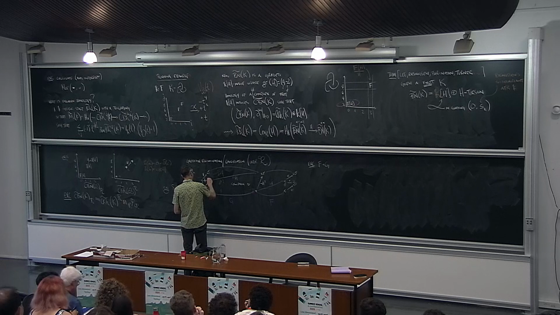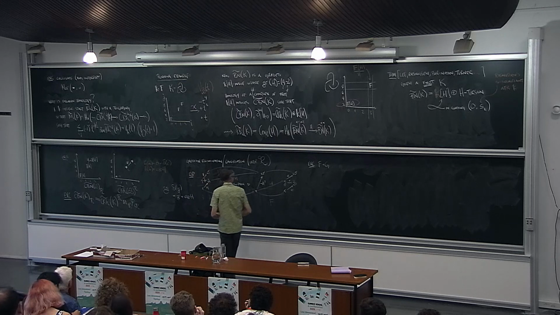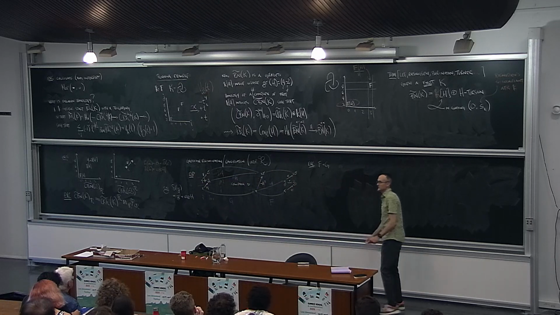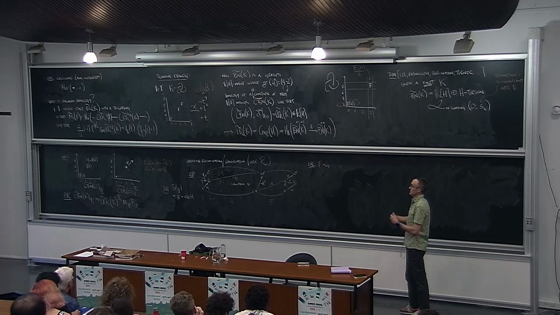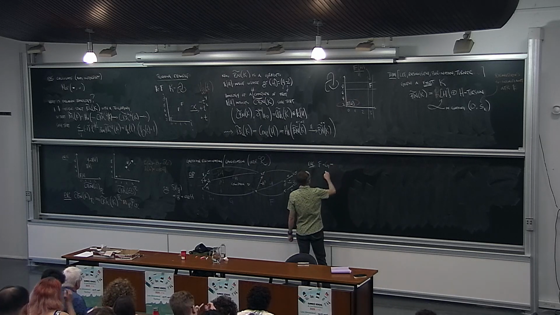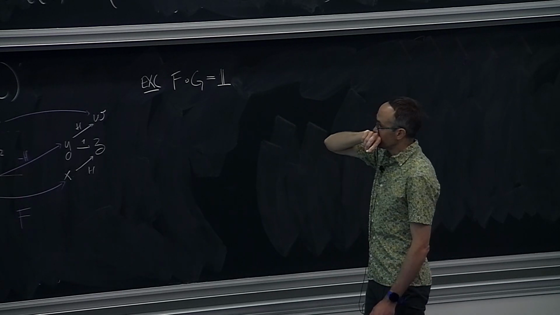Sorry, that's a z, and that's a 1. And then I decreed that I may stop putting 1s on edges. So there's 0 maps, no arrow. Undecorated arrows are 1s. So this is actually equal to the identity. So that's something you can check.